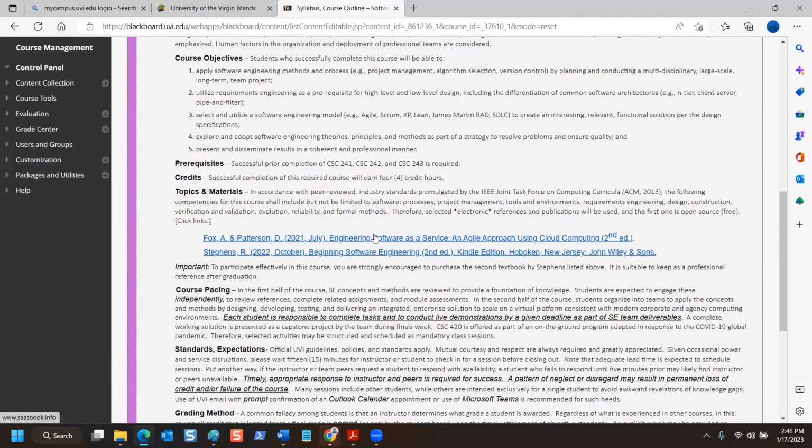This textbook is offered free now as a part of open source. If you click here, it takes you to the location where you can download the PDF of Engineering Software as a Service. And you see links and references to SaaS, that's Software as a Service.